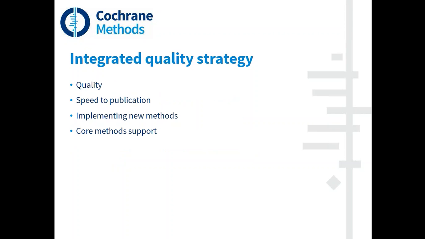So the integrated quality strategy takes us back to these four elements. I've talked about quality, speed to publication, very much around implementing new methods. And Cochrane has, for 2 decades, implemented new methods. If you look at reviews in 5-year intervals through Cochrane's history, they're very different from one another.